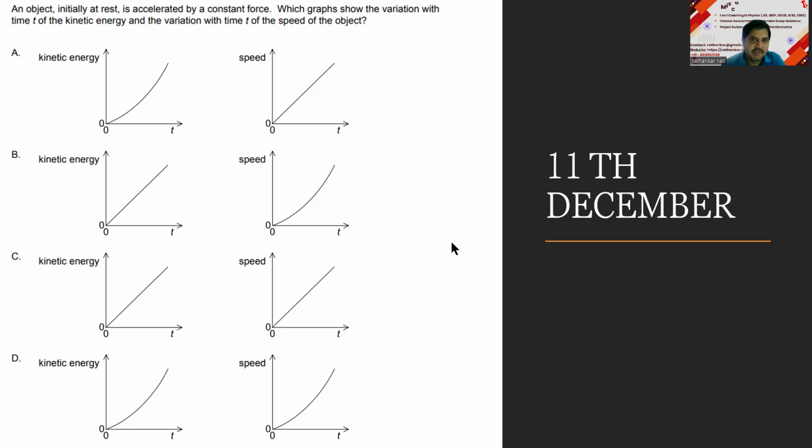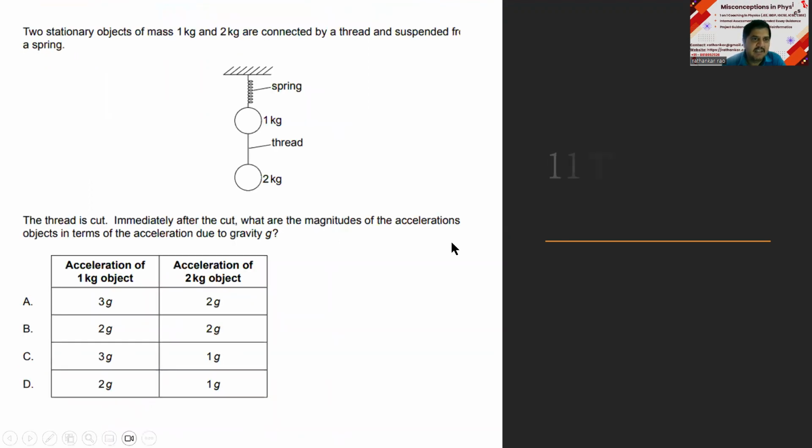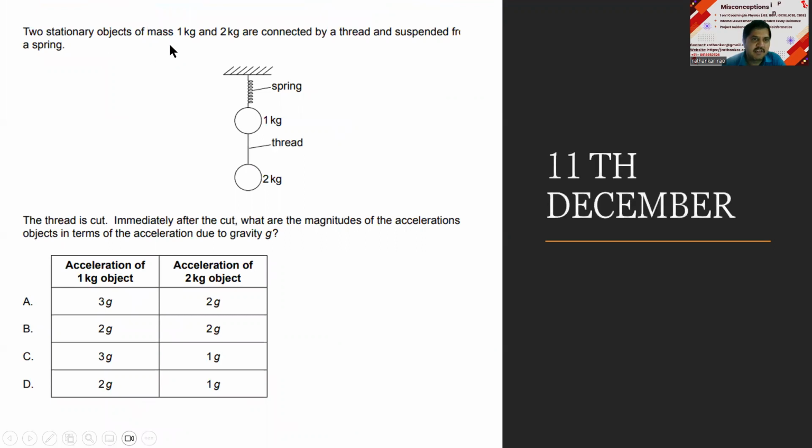Okay, let us move on to the next one. Two stationary objects of mass 1 kg and 2 kg are connected by a string and suspended from a spring. The thread is cut. Immediately after the cut, what are the magnitudes of the accelerations of the objects in terms of the acceleration due to gravity g?